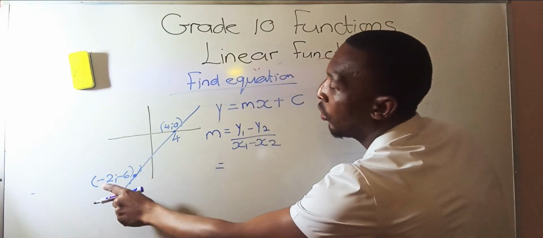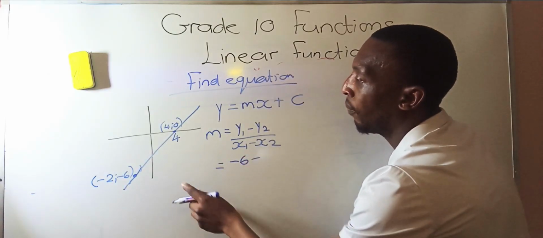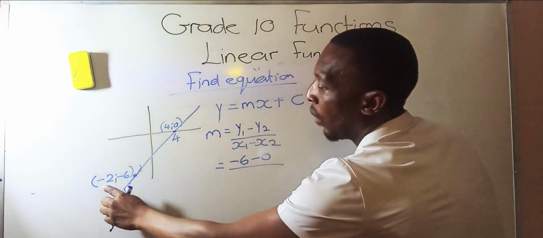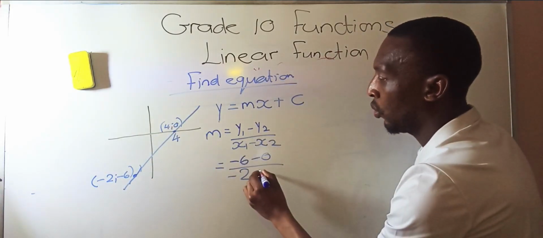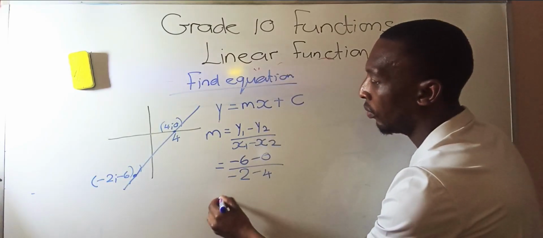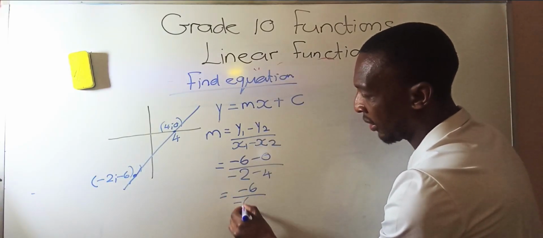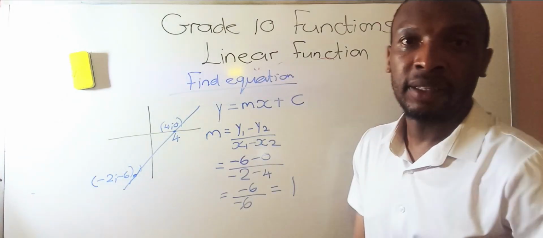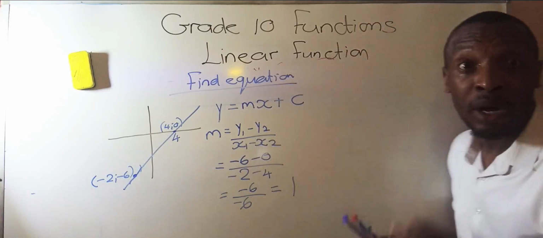If this is my point 1, my y1 is -6, my y2 is 0, x1 is -2, x2 is 4. So that is -6 over -6. So it means that the gradient of that line is 1. Okay, so we know our m now.